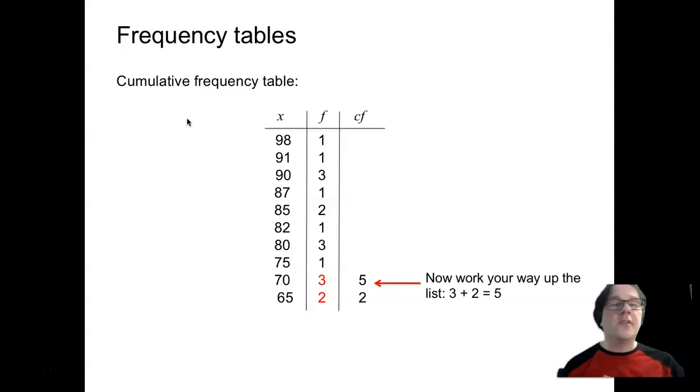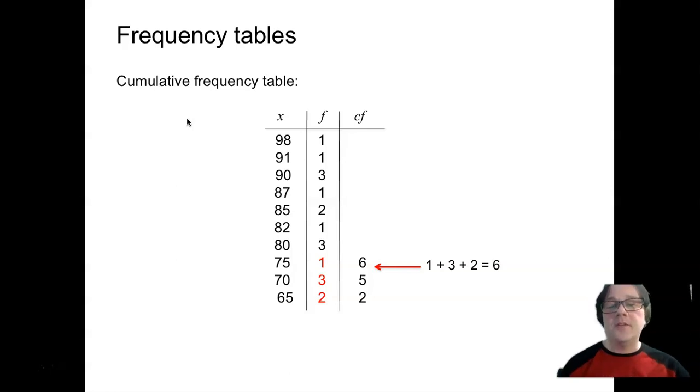Remember what cumulative frequency is asking. How many scores exist at or below 70? 5, because we have 3 at 70 and 2 below 70. And we just do this for each score, moving up.